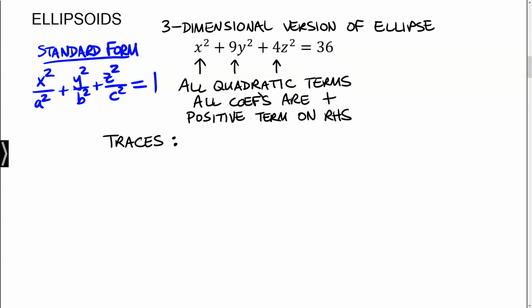Then you get 9 for that first term. You could subtract it over, and you end up with 9y squared plus 4z squared is equal to 27, say. The point is that you're going to get two positive quadratic terms, and on the other side, you're either going to get a positive number, in which case you get an ellipse, or if it's 0, it would be exactly 1 point. That's the exceptional case, and if it's negative, you just get nothing. So the traces are either nothing or ellipses.